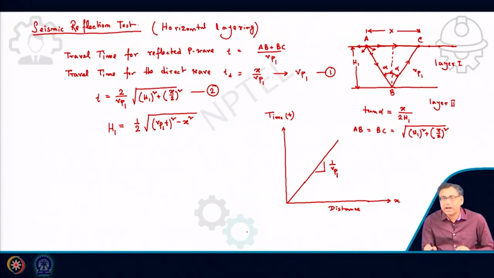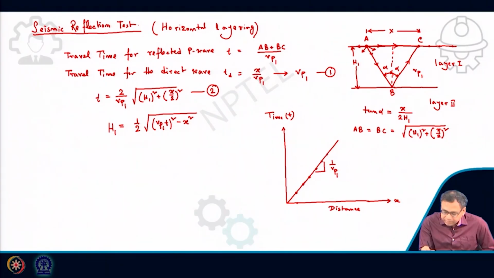Remember that here I am using multiple data, because I know the travel time of the direct wave for the first receiver, second receiver, third receiver. So if you know the distance of the first receiver and the travel time, you will get this point. For the second receiver, if you know the distance and the travel time of the direct wave, I will get the second point, then the third point.